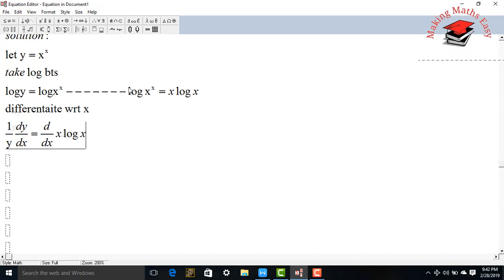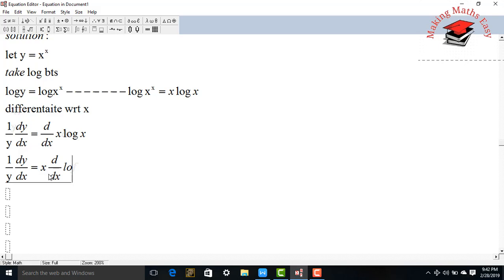As per the property, we can replace log of x raised to x by x log x by taking the power in the front. So now 1 upon y dy by dx is equal to x into the derivative of log x, where we will use the UV rule of differentiation.